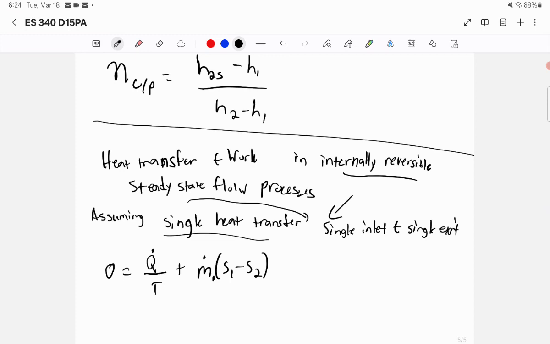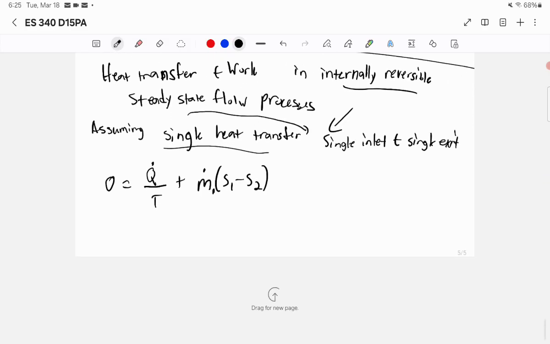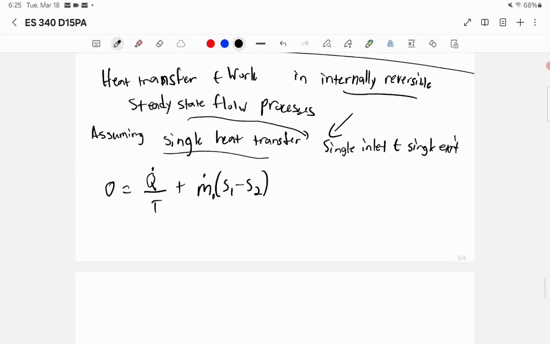So if it's 0, then the strength is obviously 0. If there's no strength to the irreversibilities, that means it's reversible, internally reversible. So what does that mean? Well, that implies that Q dot over m dot is going to be equal to the temperature at which all of this stuff is happening times (S2 minus S1).